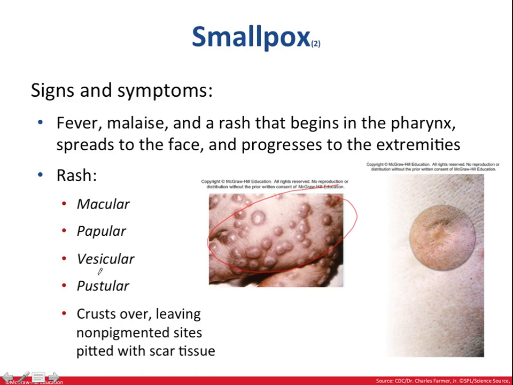Rash could be macular, papular, vesicular, okay, pustular, okay, can cause crust. And then once the disease is gone, it will leave non-pigmented, pitted skin with scar tissue, okay.